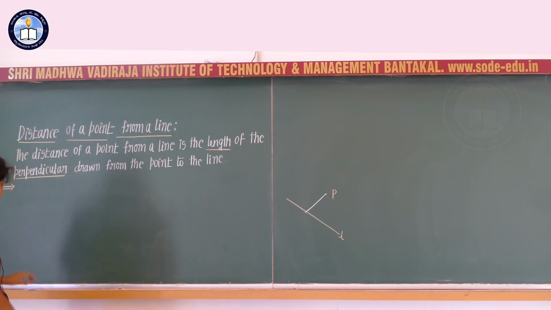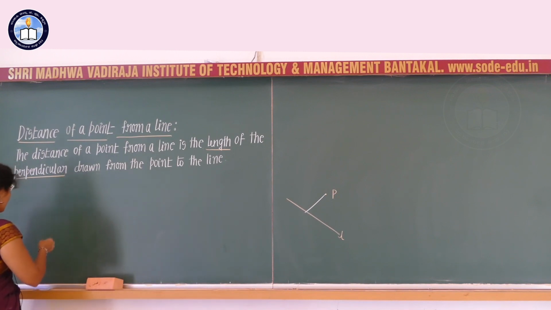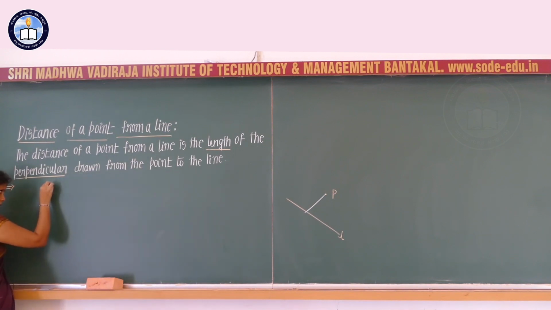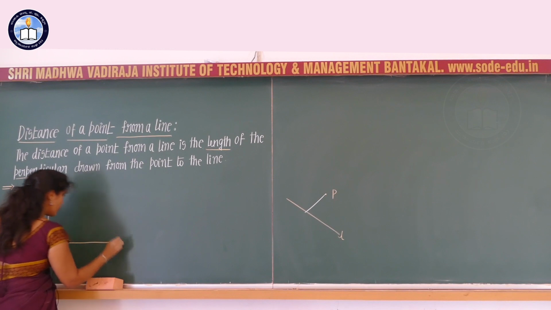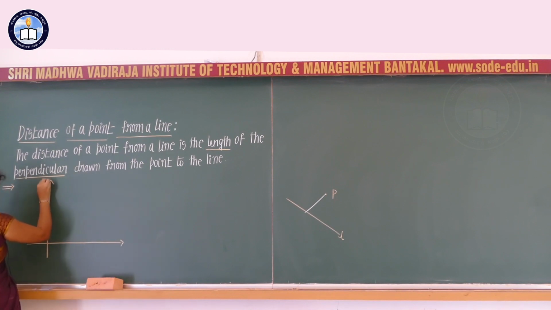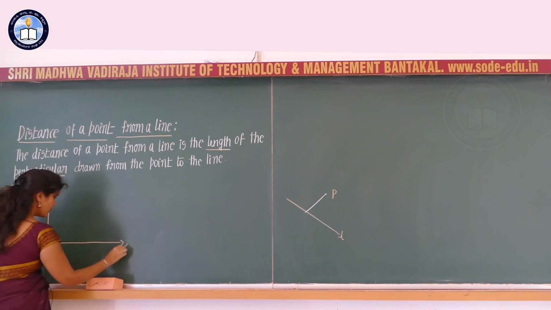So let us consider the diagram with respect to this. We are considering the xy plane, or consider two mutually perpendicular lines XOX dash and YOY dash. So here OY is along the y axis and OX.